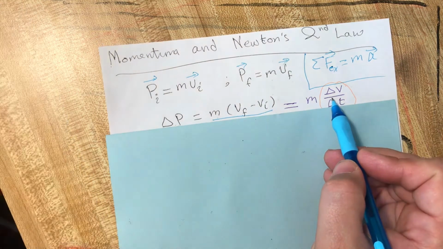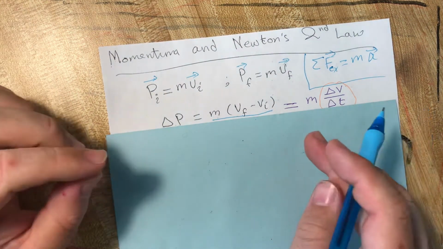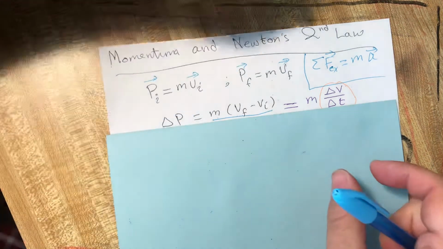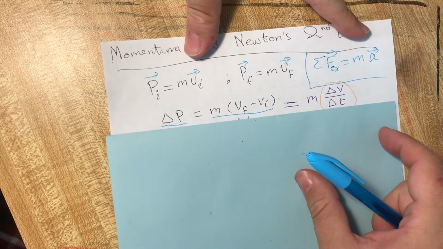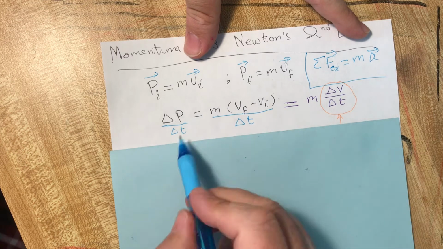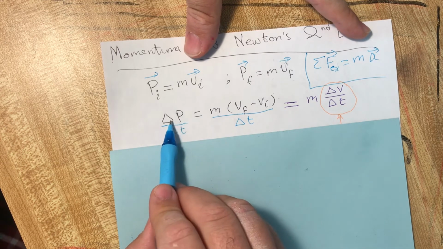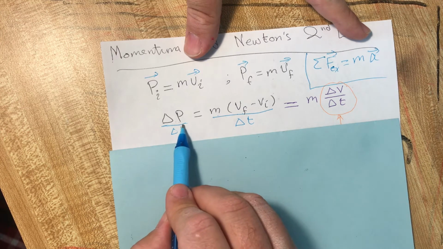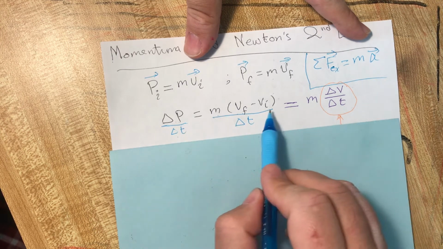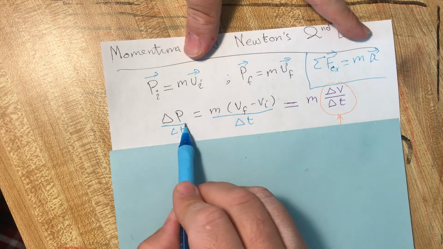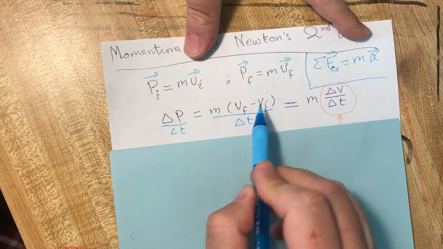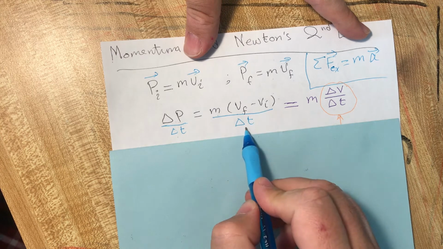v. If this change in momentum happened in a period of time, we need to find the rate of change. We need to divide by time. So delta p over delta t, we divide all the terms over time. This is equal to m delta v over delta t.